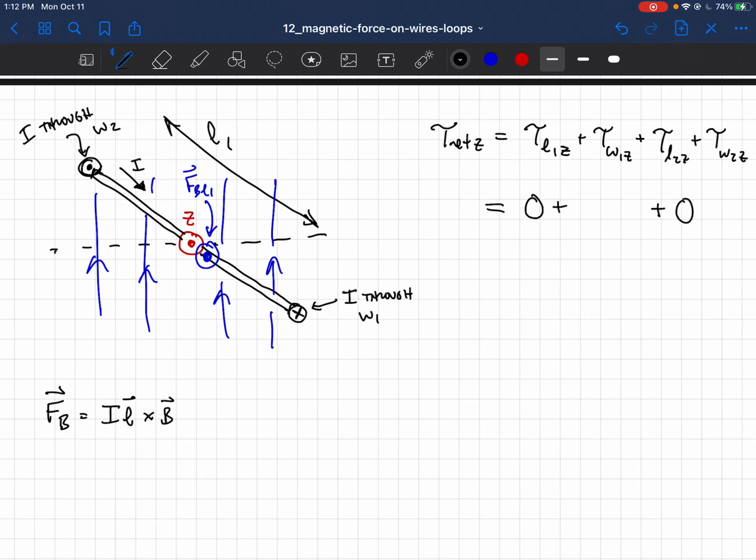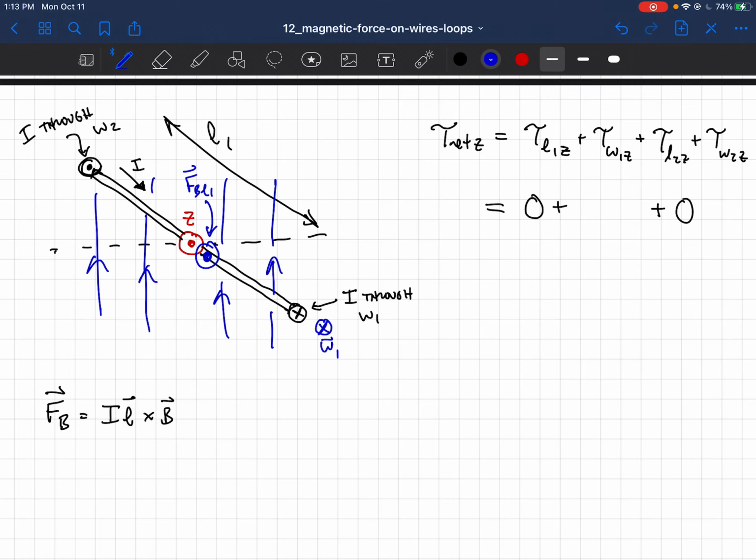Well, the current going through W1 is now going to be pointing into the page in this perspective. So that's the direction of our W1 vector. So we could draw a W1 vector like this. And if we take the right-hand rule for that, point the fingers of your right hand into the page, and then you want to close them in the direction of the magnetic field, which goes up the page.